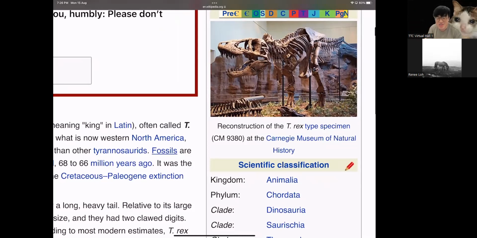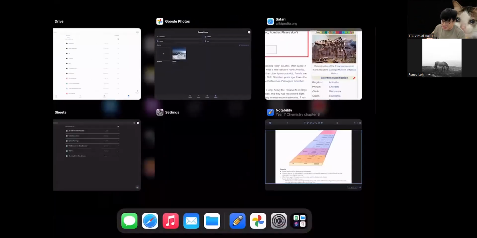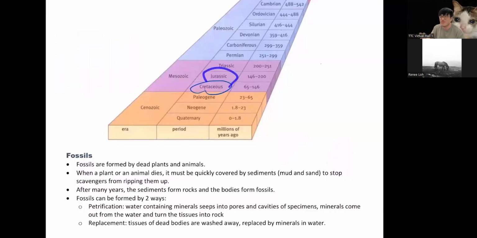You know what I mean? T-Rex is around 100 something million years from Stegosaurus, but only about 60 million years from us. So T-Rex is closer to us than to Stegosaurus. Okay, so this is crazy. So if you watch those Jurassic Park movies, they put Stegosaurus and T-Rex together, that is actually not true. That is false.